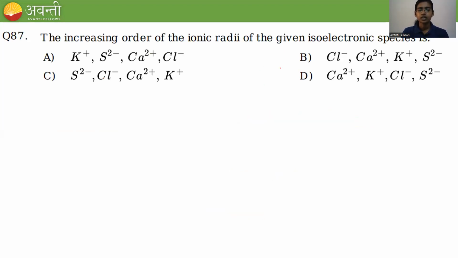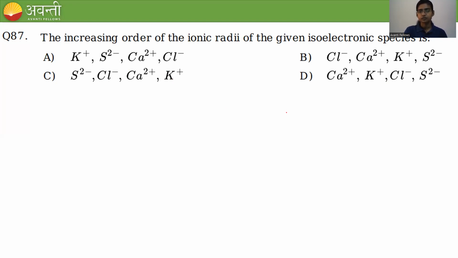Now coming to question number 87. The increasing order of the ionic radii of the given isoelectronic species is. So how to find out the ionic radii? Ionic radii is inversely proportional to the atomic number or the charges, right? You see here, all these are species containing the same number of electrons.